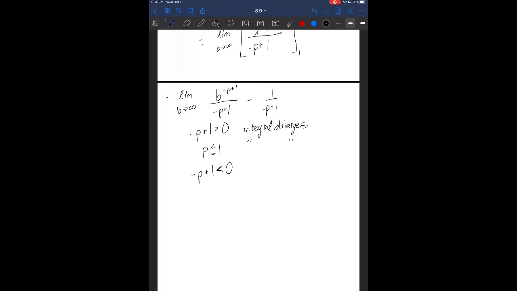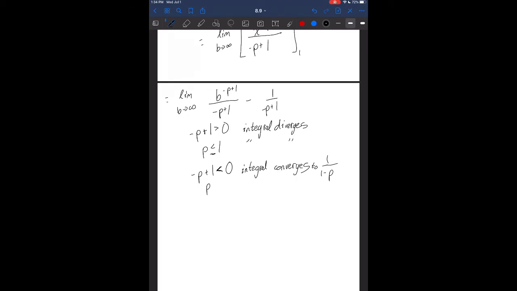So I have 1 over a number going off to infinity, which means that this left part of the sum is actually going to go to 0. And so in this case, the integral converges, and it's going to converge just to this part right here, this 1 over 1 minus p.